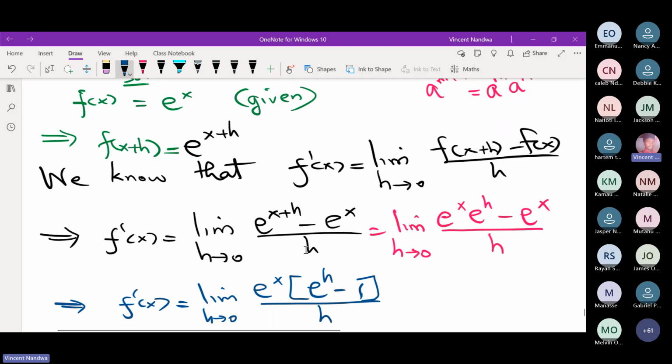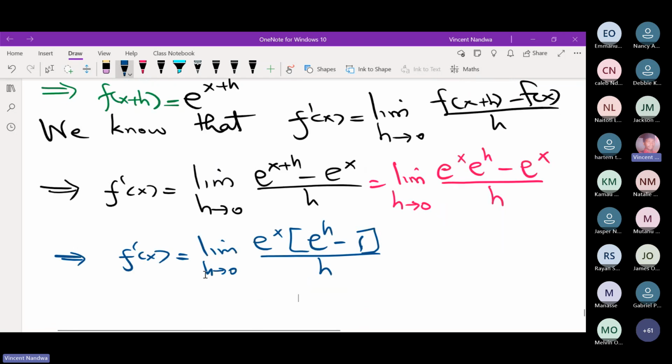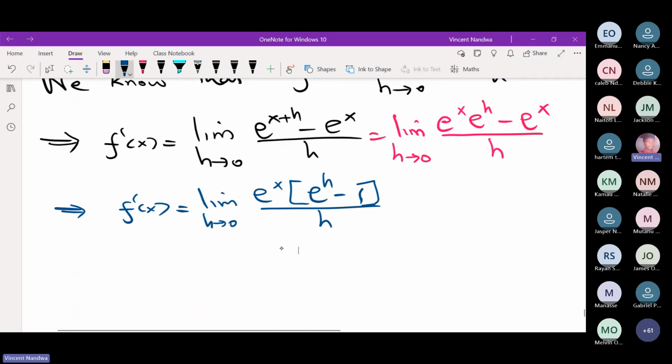Don't forget that our limit is a function of h. So e power x can be factored out because it's just a constant. It does not depend on h. So this can be written as e power x times the limit as h approaches 0 of e power h minus 1 over h.